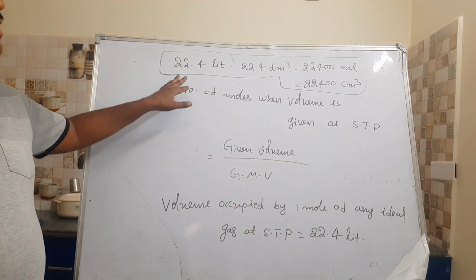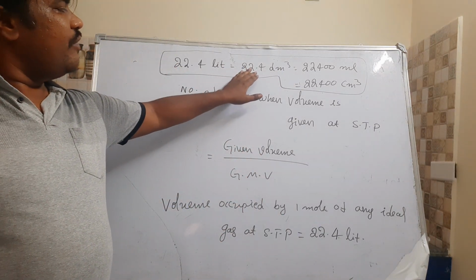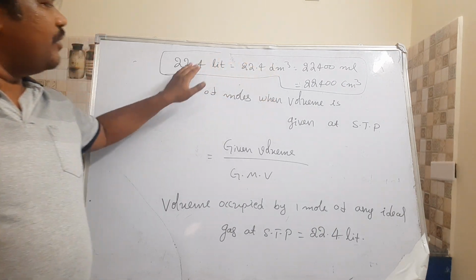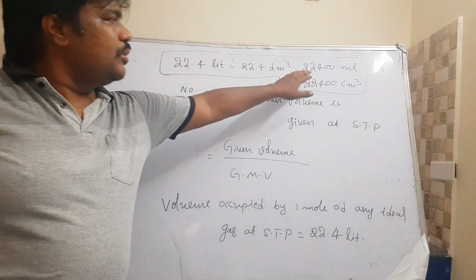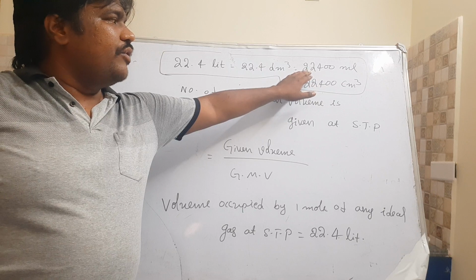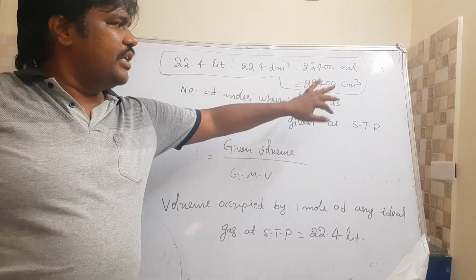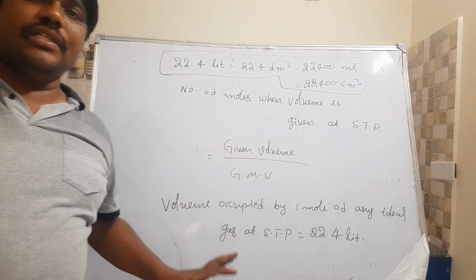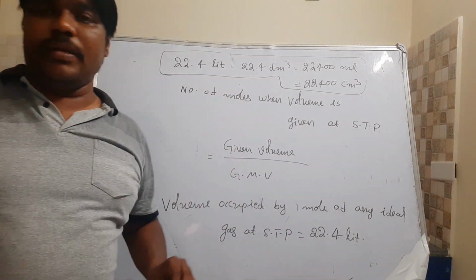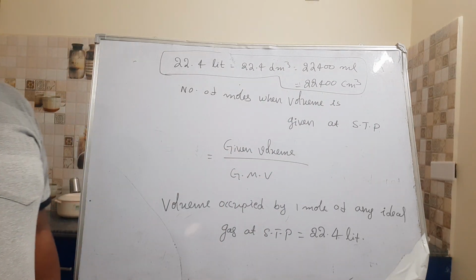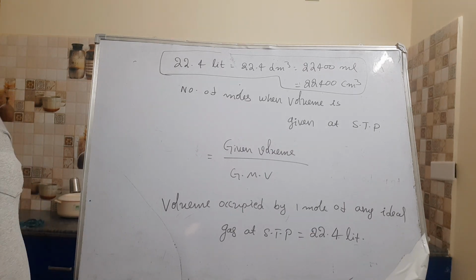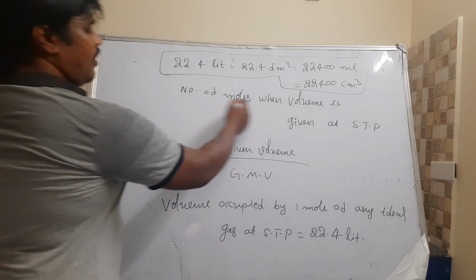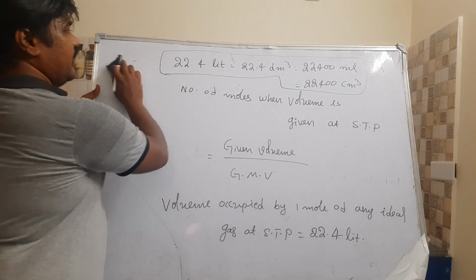If in any question they give 22.4 decimeter cube, it is nothing but 22.4 liters, or 22,400 milliliters, or 22,400 centimeter cube. Those are the conversions to understand the data given in the problem. This is one more formula to find the number of moles when volume is given, students.